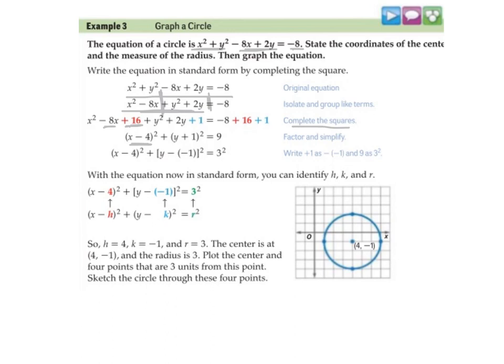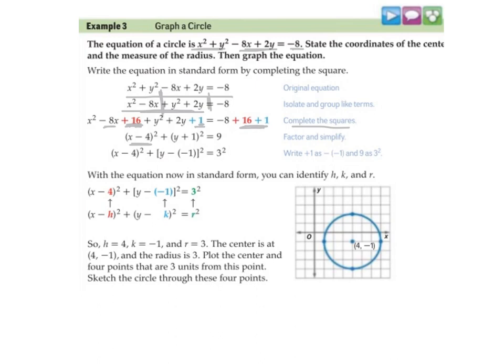Okay, the same now with the y's. Half of 2 is 1, 1 squared is 1. All right, and then whatever you've added to your x's and your y's to complete the square, which in this case is the 16 and the 1, you must add to the radius.